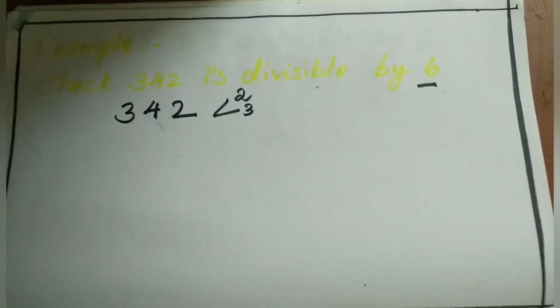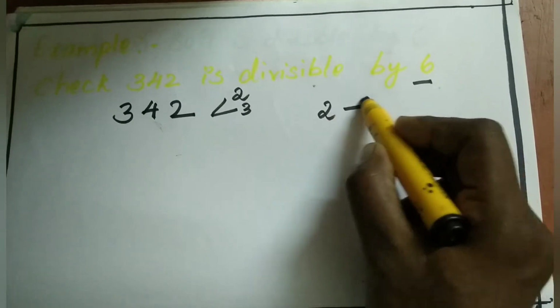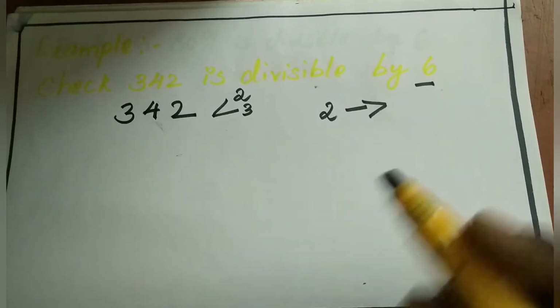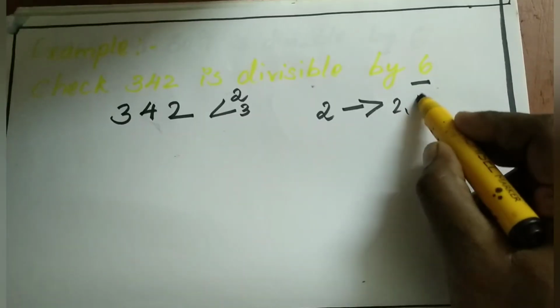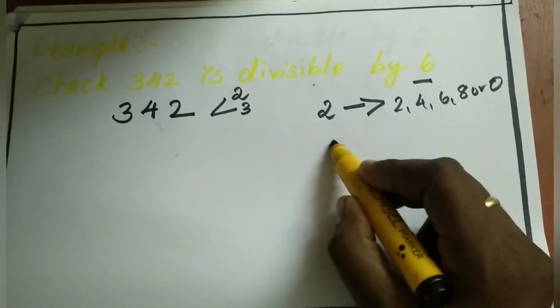What is the condition for 2? If the number is divisible by 2, the last digit should be 2, 4, 6, 8 or 0. What is the condition for 3?